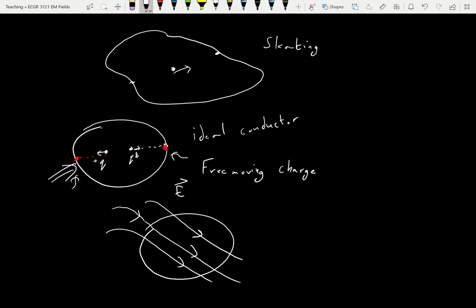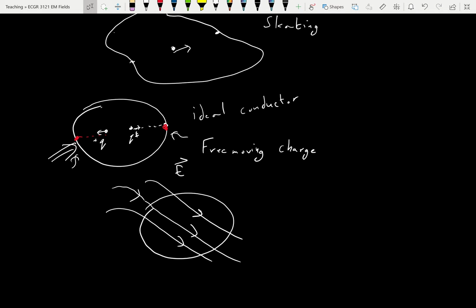But other than adding charges to a conductor, we could have an external field that's affecting the conductor. Because the conductor is neutral, it has an equal number of positive and negative charges.